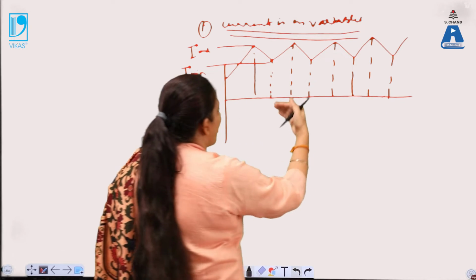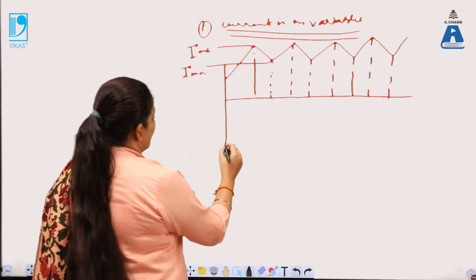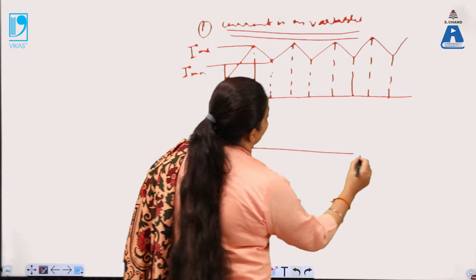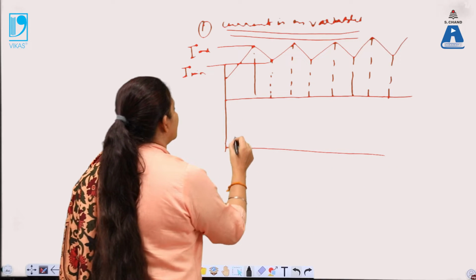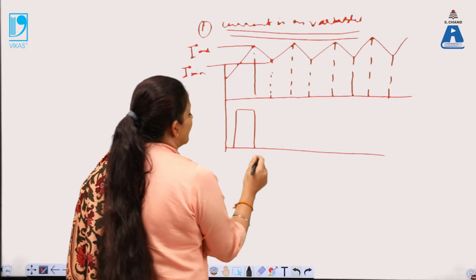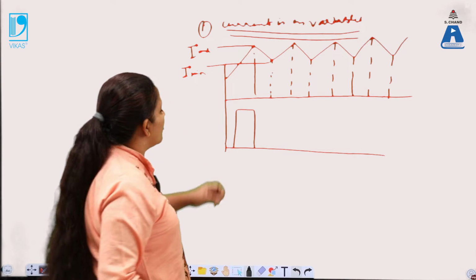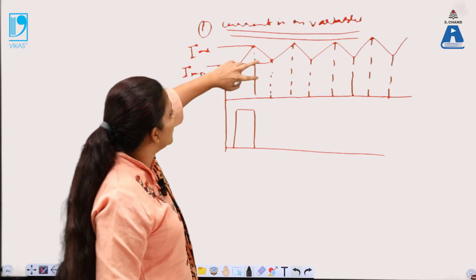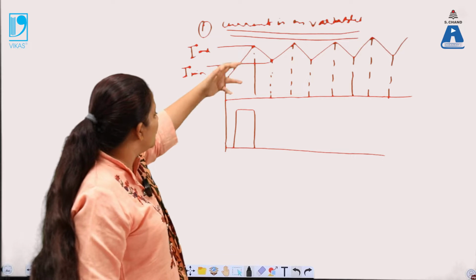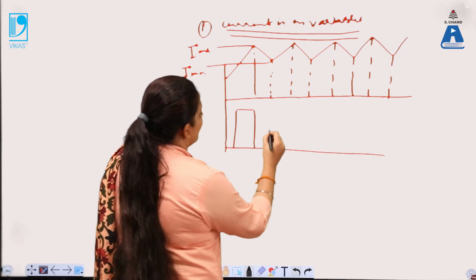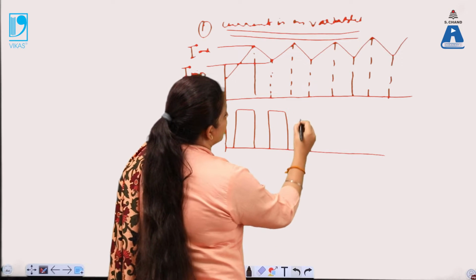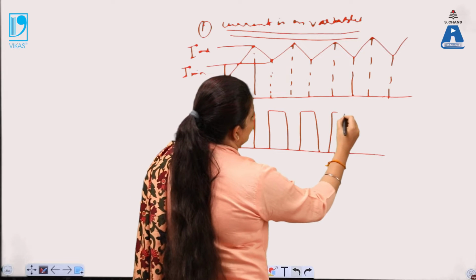Now when you see the output over here, for the maximum value we will get this type of loop, and for the minimum value, when this maximum and minimum is plotted, you get these types of modes.